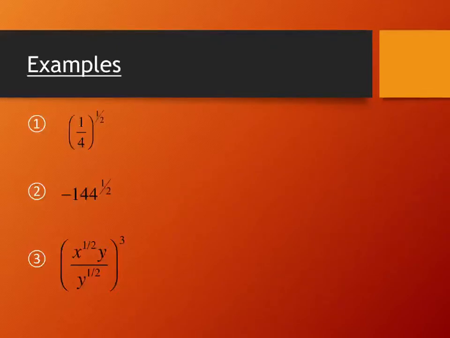On this one, it's very nice to be able to change this into a radical notation. The power of 1/2 is a radical with an index of 2, or a square root. And we have a property that says that we can take the square root of each of them individually. What's the square root of 1? And the square root of 4? 2.